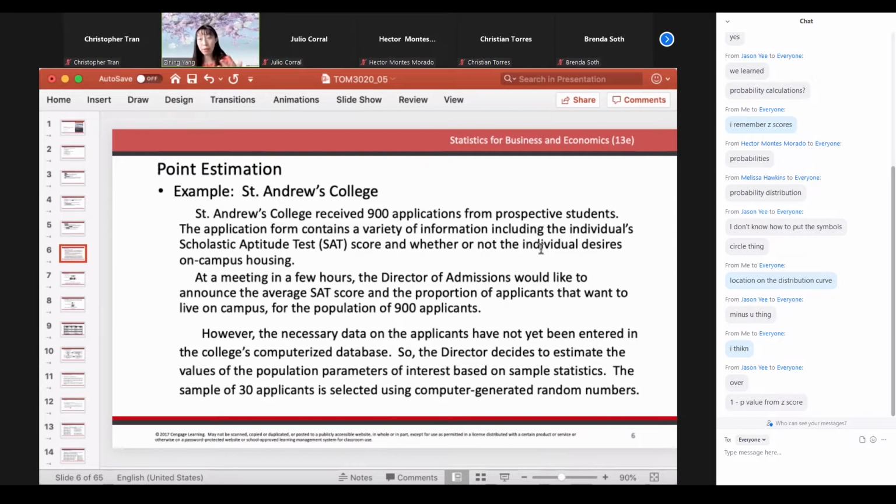But whether they prefer to live on campus is a binary variable, right? That's a yes/no question. So we are going to learn formula that can help us answer these two questions. One is just for the regular mean, the x value, the other is for the proportion that applies to binary variables.